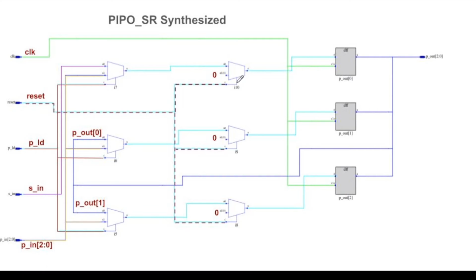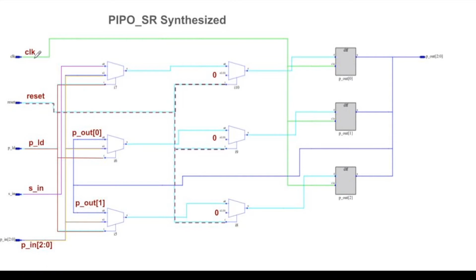So if reset is 1, that means that it uses the lower input on all of these muxes. And that lower input is tied to 0, which is hard to see in the diagram that the Gowin tool produces. But these are all just tied to 0. So when reset is high, no matter what these other muxes are doing, the value that will be stored in the D flip-flops is 0. Remember, that was the highest priority and first case in the if.